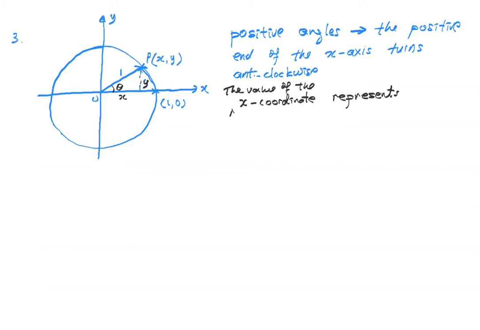Represents cos of the angle. Represent the value. Understand? And the value of the Y coordinate will represent the sin of the value. Did your teacher tell you like that?